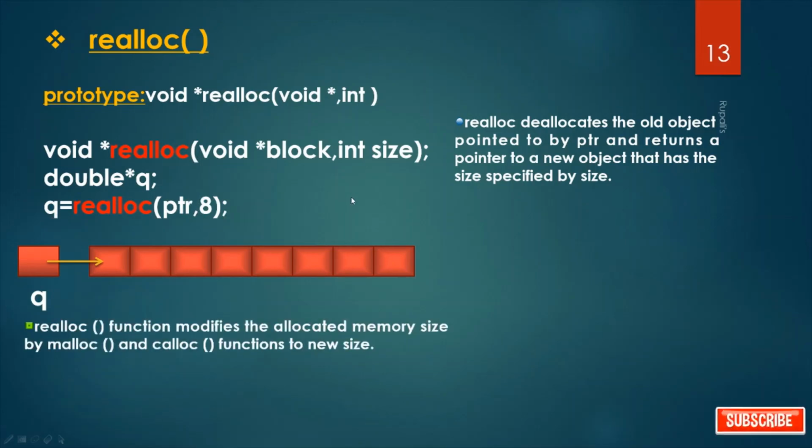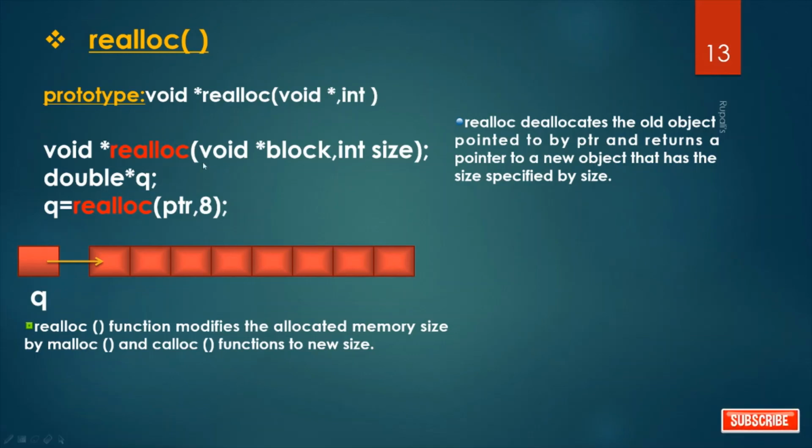The realloc function modifies the memory size allocated by malloc and calloc to a new size, means first memory is allocated by malloc or calloc, but using realloc, it deallocates the old object pointed to by ptr and then returns a pointer to a new object that has the size specified by size.